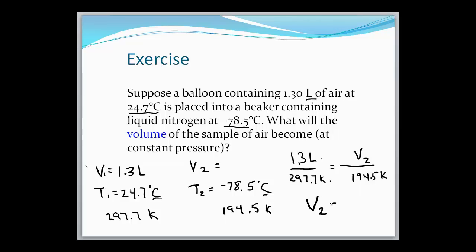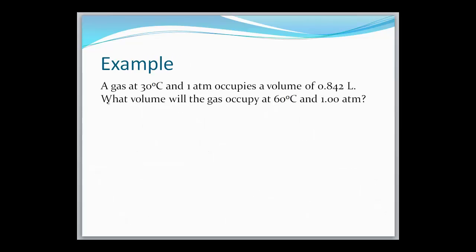So let's do the math. V2 is equal to 0.85. Now the unit there is liters. Remember, your units have to be consistent. So if we start with volume units in liters, that means our new volume unit will be in liters.